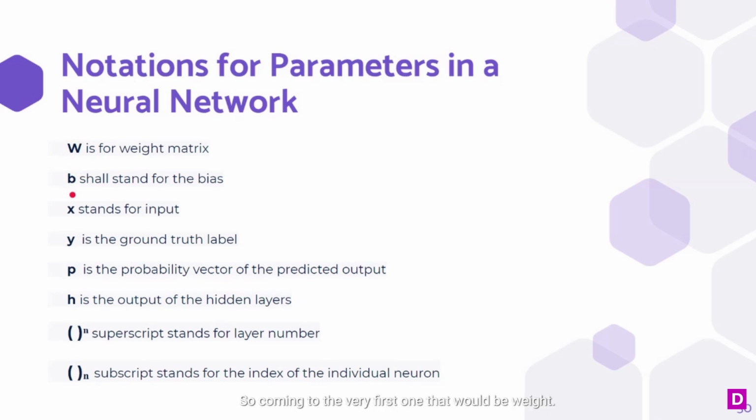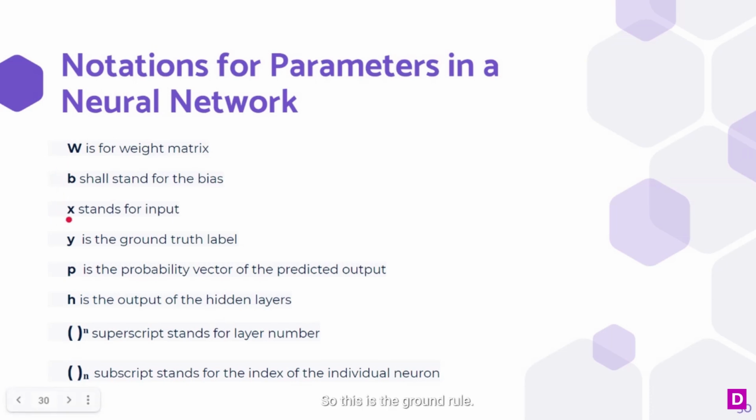So coming to the very first one, that would be weight. The weight of a given neural network will be represented as W, and it will be in the form of a matrix. Unless and until I mention or represent it as an individual value, everything we denote over here would be in matrix form.